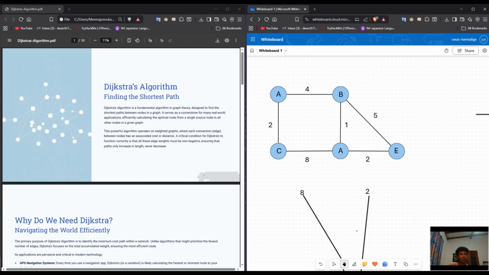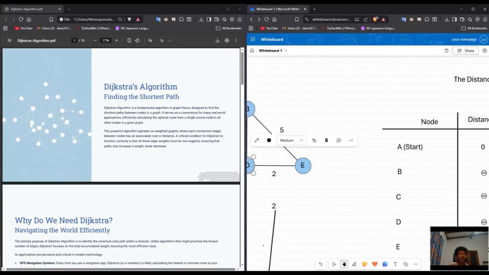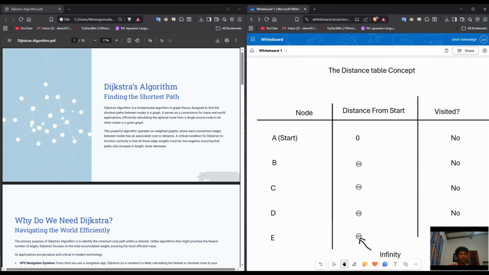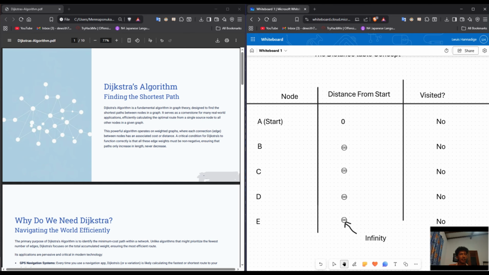Now I have drawn a graph like this. There are 5 nodes: A, B, C, D and E. And I have drawn the table concept. Initially my initial node is A and the distance from start is 0.